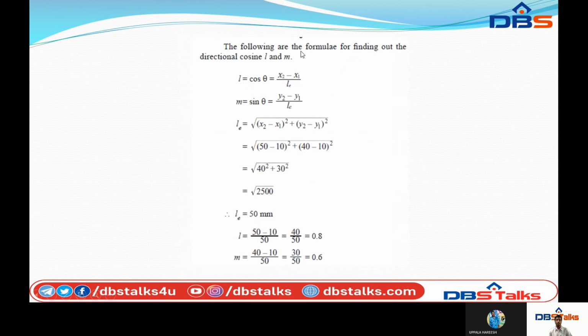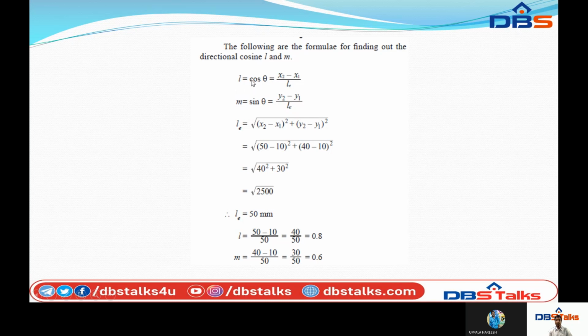After that, we have the formulas for finding the cosines L and M. Previously I told you about C and S; the both are similar, S and M both are similar. Based on your interest and the situation, we use C and S, or L and M, parallelly or consequently.